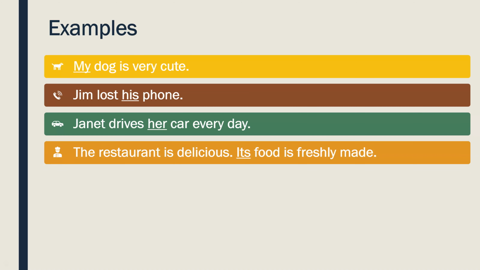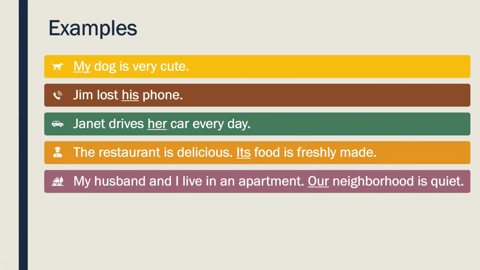The restaurant is delicious. Its food is freshly made. Here we have its, and it is about the restaurant, right? One thing or one place. My husband and I live in an apartment.